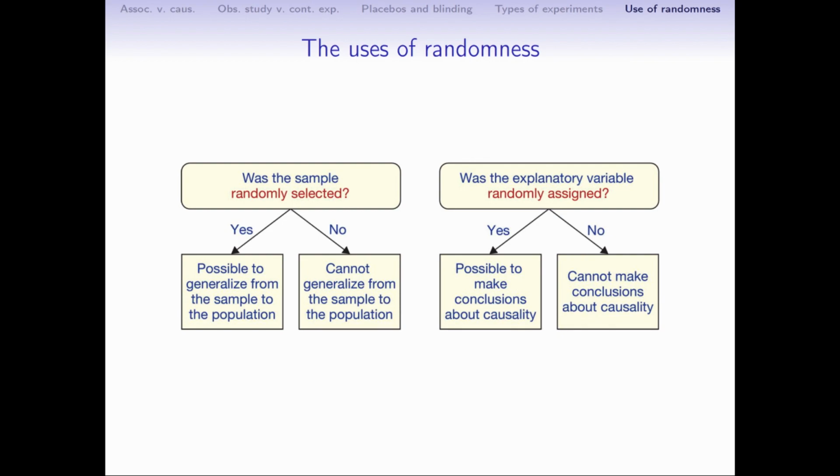So we have to be careful about using randomness in two different ways. One, in culling our sample from the population, and second, in assigning our volunteers into the different groups, or the different levels of the explanatory variable. So be aware of these two very different uses of randomness and how they affect the study.